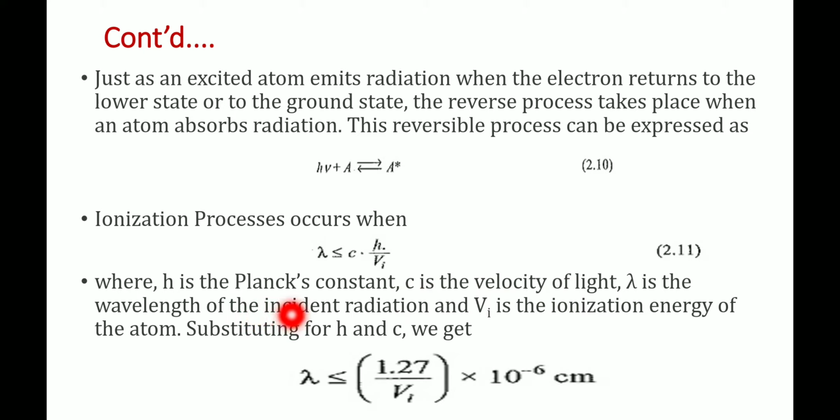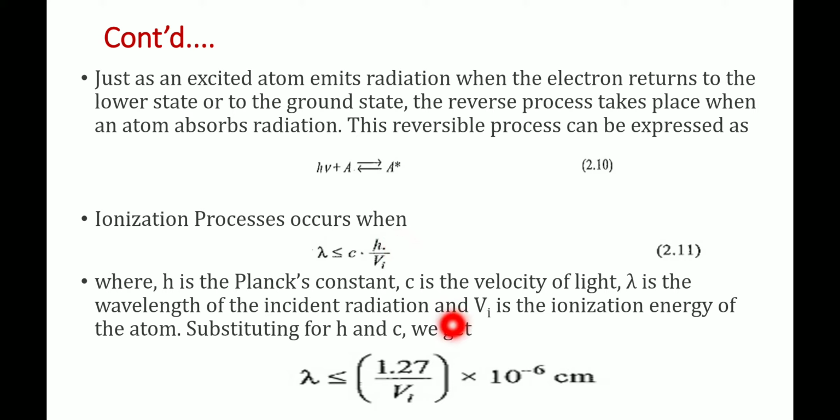Now what we have to do is substitute the values for h and c. h is Planck's constant and c is the velocity of light. So c is 3 × 10^8, and Planck's constant is 6.626 × 10^-34.